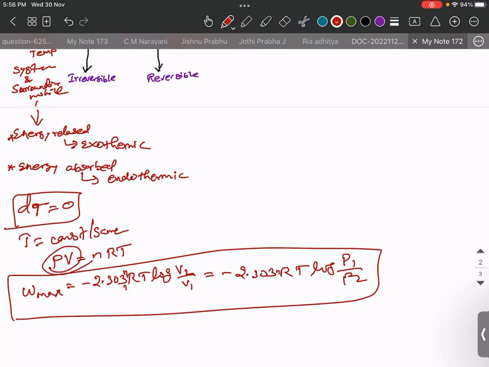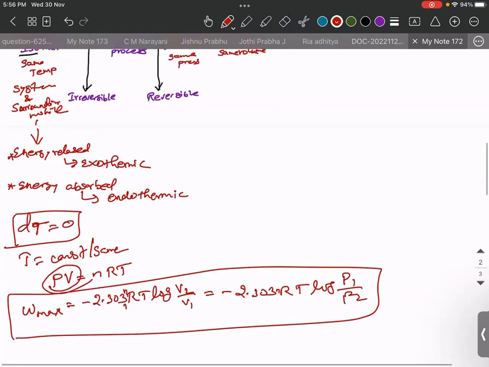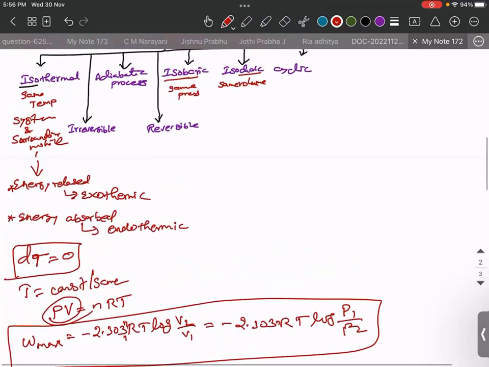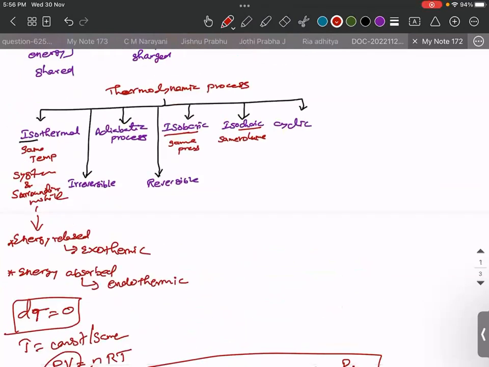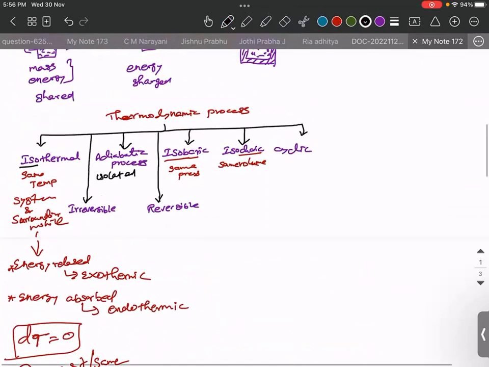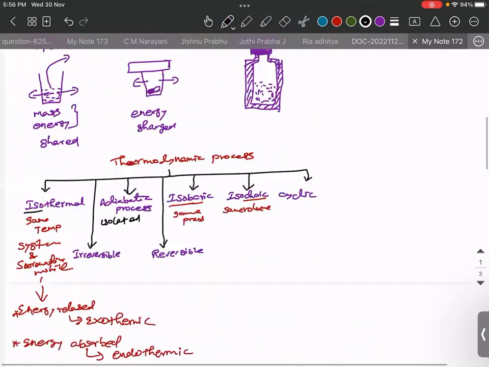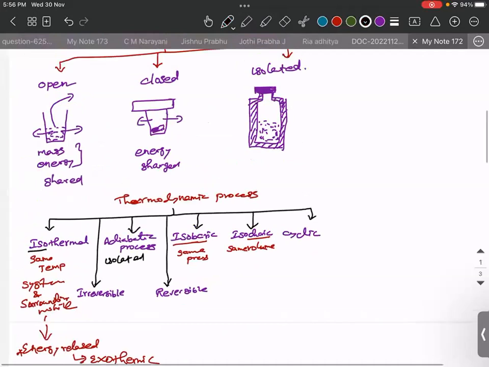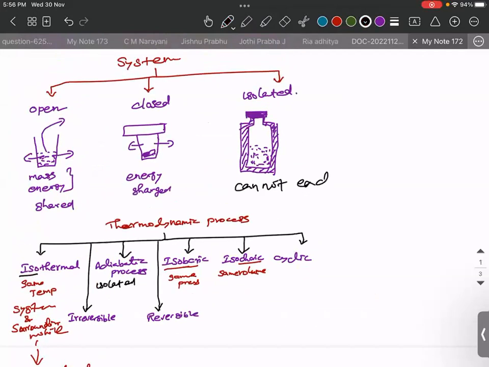Okay. Now we are going for the adiabatic process. Adiabatic process means it is like an isolated system. What is an isolated system? It cannot exchange mass or energy, neither mass nor energy.